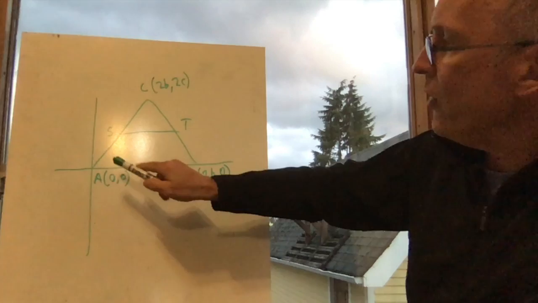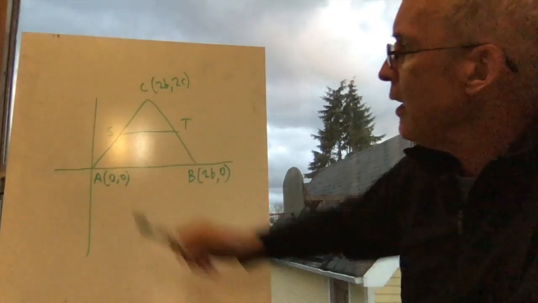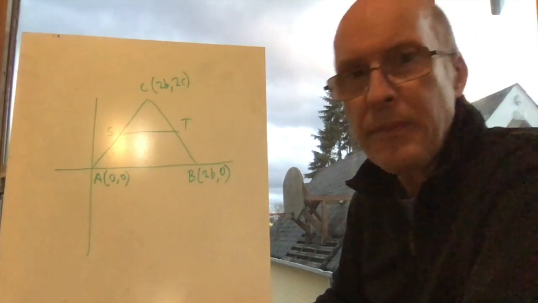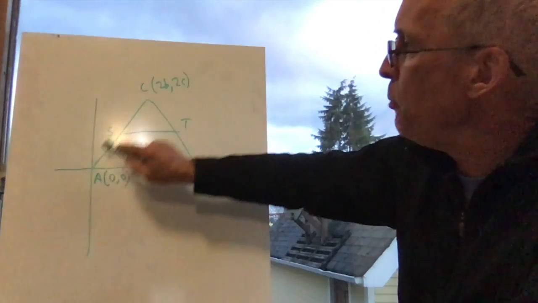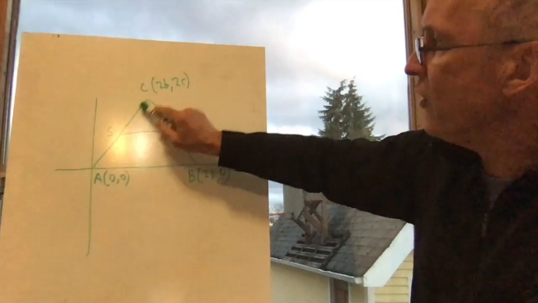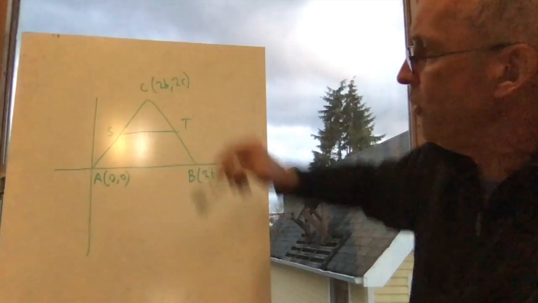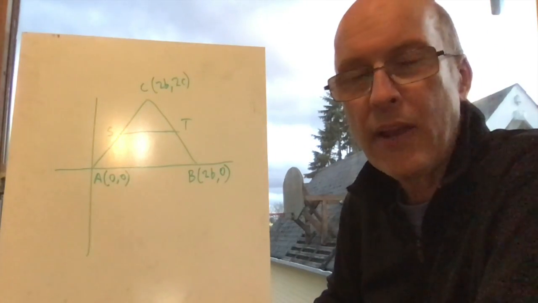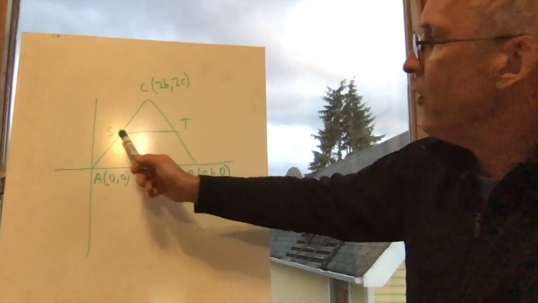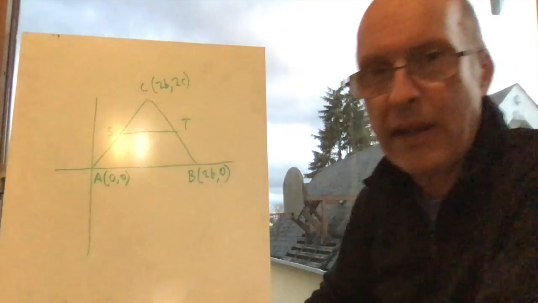They say you have this triangle ABC, and S and T are the midpoints. S is the midpoint of this line segment, and T is the midpoint of this line segment. And what they ask you to prove is that line segment ST is parallel to AB.